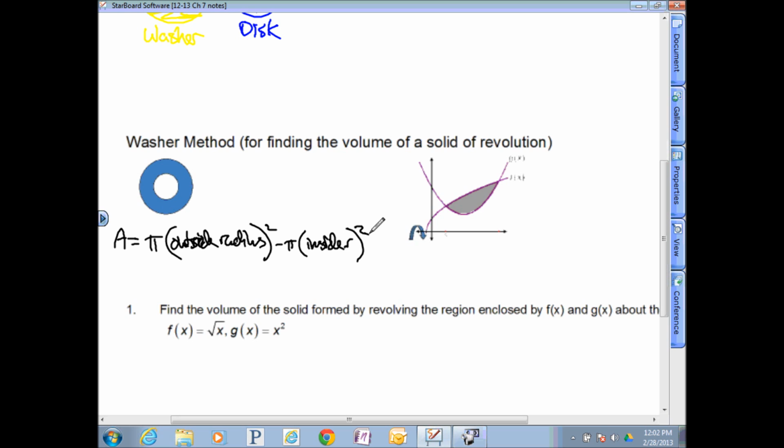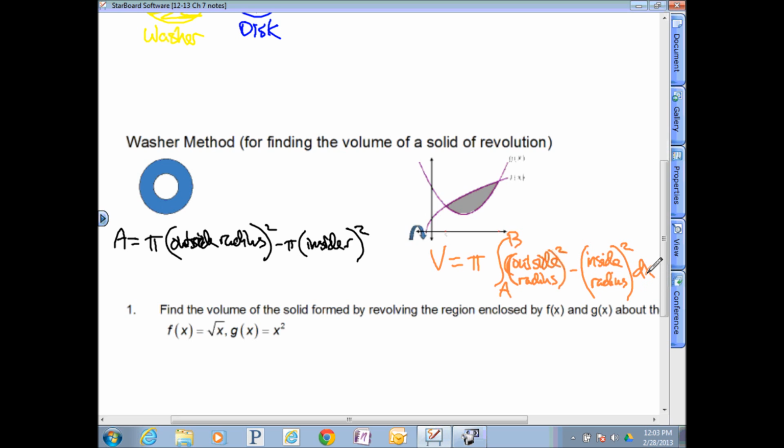Well, we're going to do the same thing with this volume. When we go to find the volume of this figure that's formed by revolving my area about the shaded region, we take pi integral from A to B, whatever your bounds are, of the outside radius squared, minus the inside radius squared, integrated with respect to x.